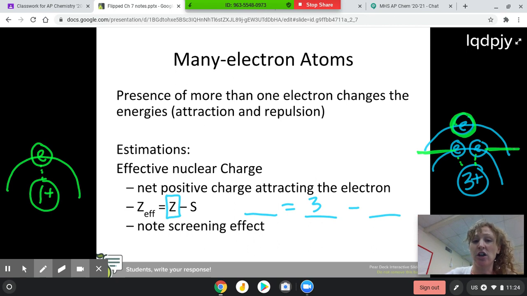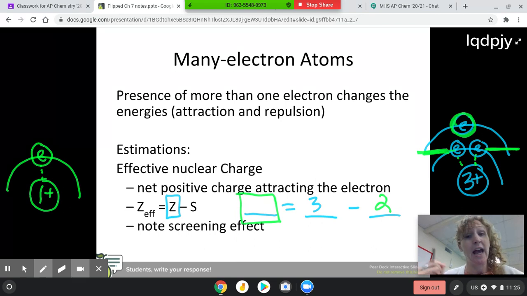That nuclear charge it feels is going to be reduced by these core electrons, which we call shielding electrons. They act like a shield between the outermost electron and the core. So we have 2 shielding electrons in lithium. And so our effective nuclear charge, the nuclear charge that the valence electron actually feels, is 1.